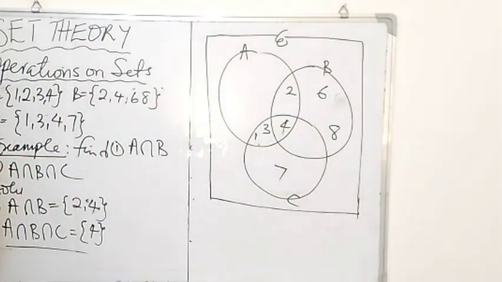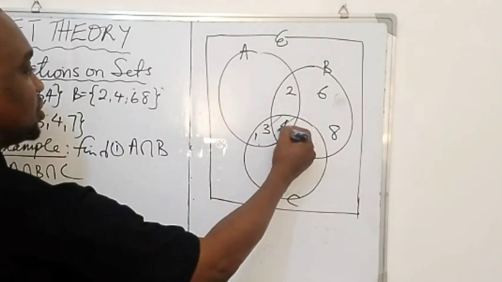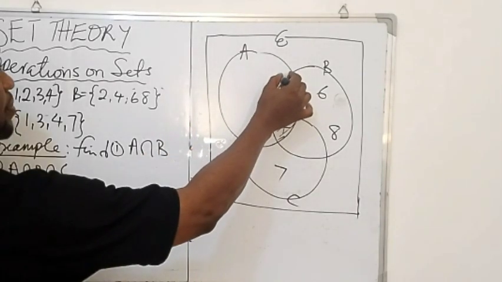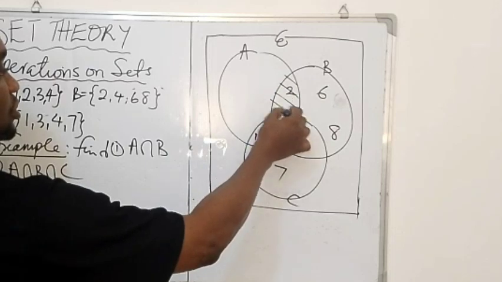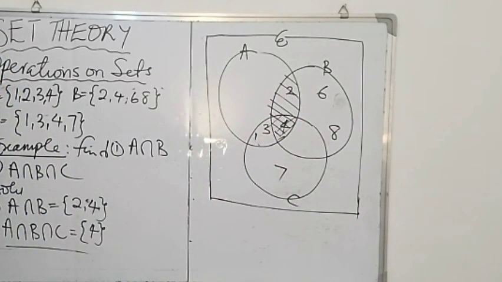And that is it. So this is the Venn diagram representation of your A intersection B intersection C, which is this particular location. All right. So then, of course, your A intersection B, which is this particular location. If I should do the shading that way, please do not be confused. So that is just what it is.